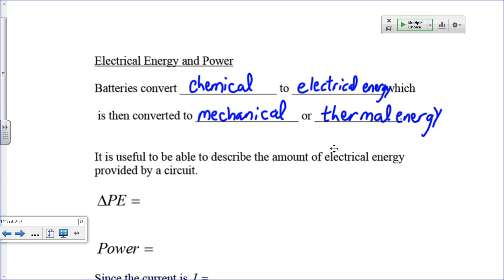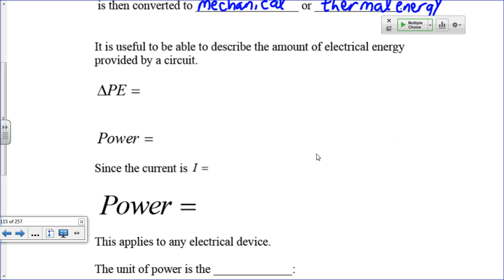We can get an expression for power pretty simply. Our change in potential energy we've already defined as Q times delta V. Remember, this delta V, the voltage potential difference, is energy per charge, so if I multiply by a charge, I get energy.